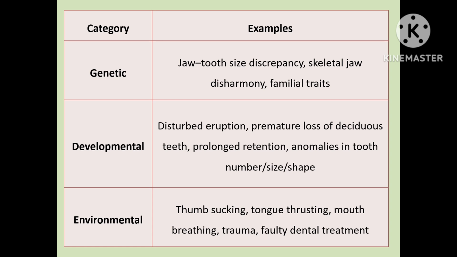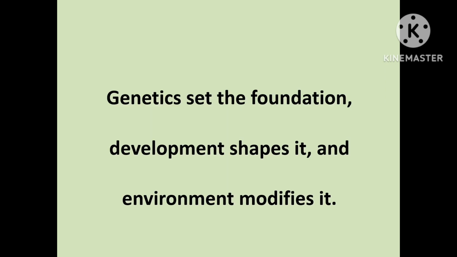Developmental factors include disturbances in tooth eruption, premature loss or prolonged retention of deciduous teeth, and anomalies in tooth number, size or shape. Environmental influences such as thumb sucking, tongue thrusting or mouth breathing, trauma and faulty dental treatment also play a significant role. Thus, in short, genetics sets the foundation, development shapes it and environment modifies it.